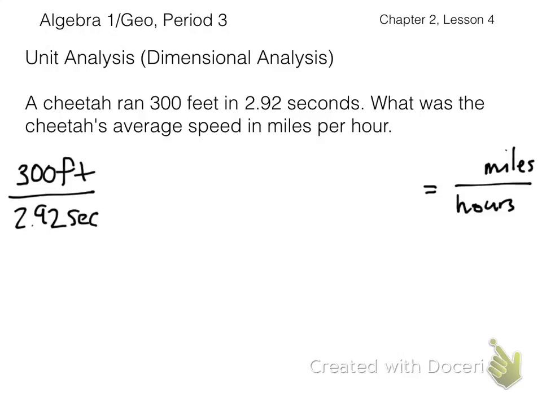So let's go ahead and convert the feet first. So I'm going to multiply by something that is equal to 1 but has feet and miles in it. Well, let me see how many feet are in a mile. Give me 1 second. It's like 5,000 something, so 1 second. Alright, I'm back. I found it. So there are 5,280 feet in 1 mile.